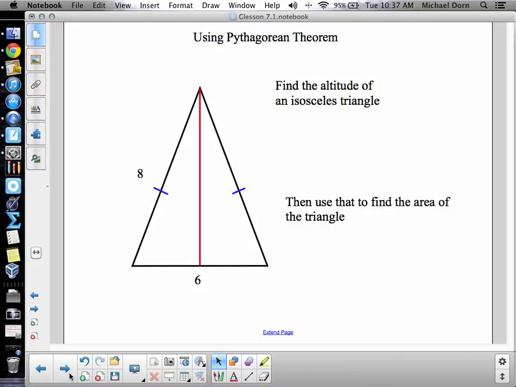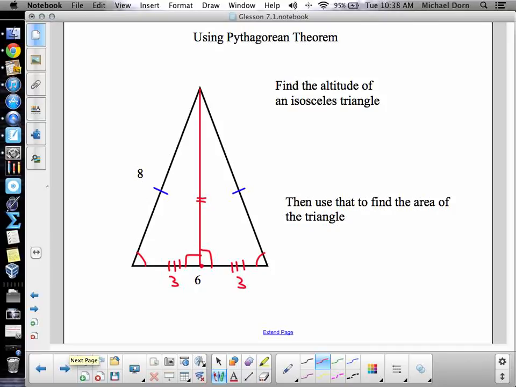The triangle is isosceles, which means that these two sides are congruent. Since isosceles, we know these base angles are congruent and that this is a right angle right here. So clearly by angle, angle, side, those triangles have to be congruent, which means that this must be the midpoint of the side, so it's divided 3 and 3.